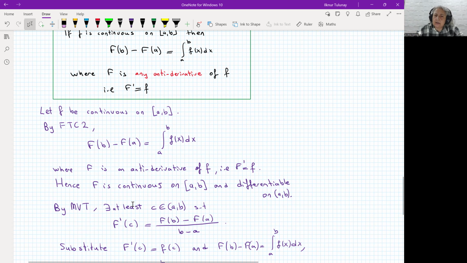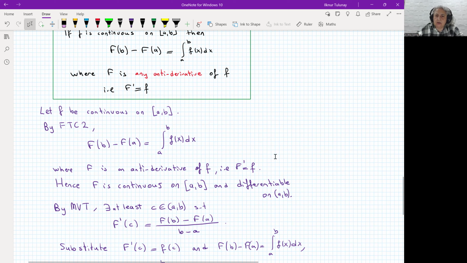Then there exists a c in the open interval such that the derivative of capital F at c will be (capital F(b) minus capital F(a)) divided by (b minus a). So take this b minus a onto this side, and F(b) minus F(a) will be the integral because of the calculus theorem.